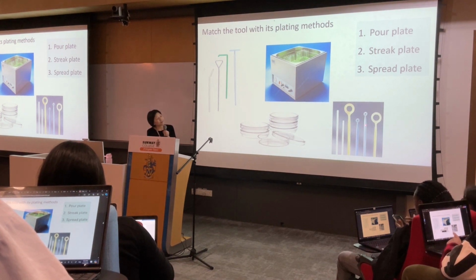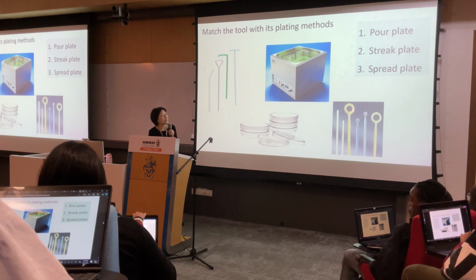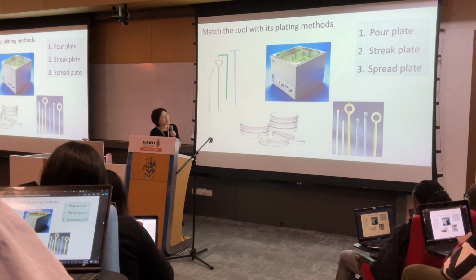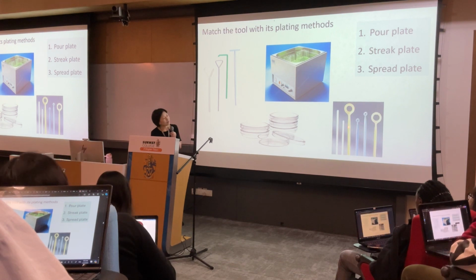And this one, I think everyone knows what it's used for, right? I think most likely it is the streak plate, because this is a loop, and the loops have different sizes. This one is very sharp, it doesn't have a loop. Normally you use the loop to pick up the culture, and depending on how much you pick up, you have different loops.